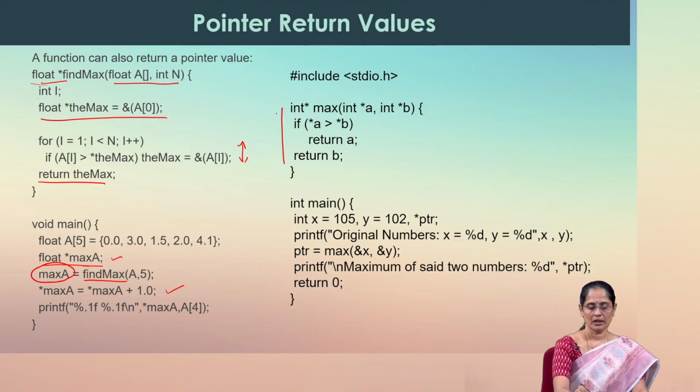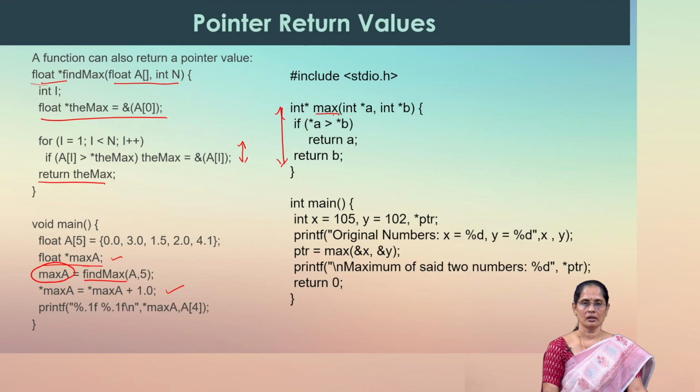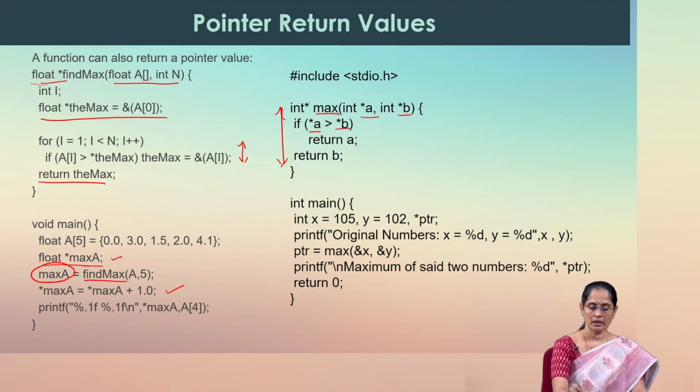Here we define a function with max as the function name and two pointers a and b. We compare the values of those two pointers and return the pointer.